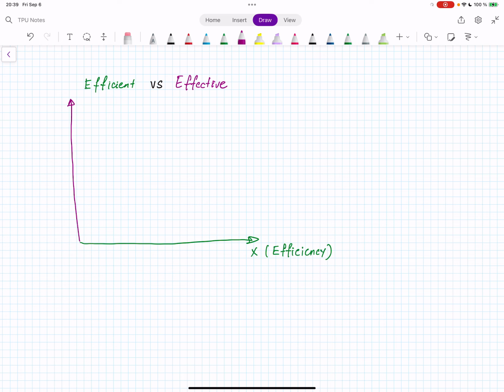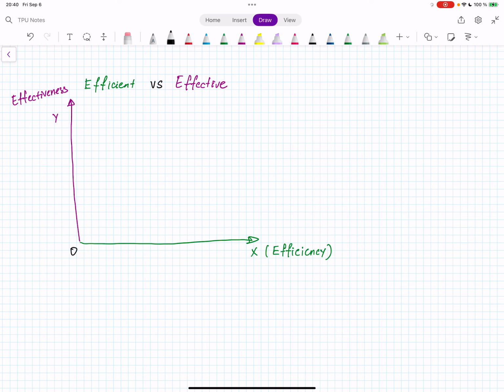And the Y will focus on effectiveness. Okay. The beginning of it will be 0. If you're familiar with math and graphs, this is like a graph, X, Y, and 0. But I'm going to develop a matrix of efficiency and effectiveness.